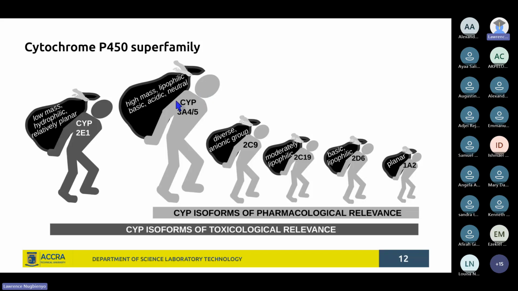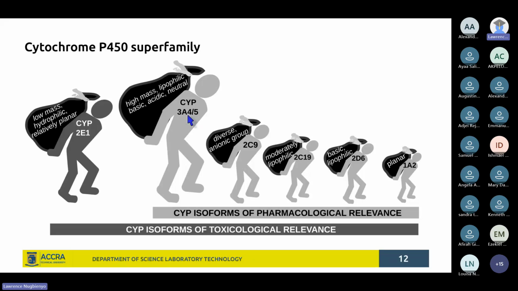They are lipophilic. They can be basic. Lipophilic will mean that they can easily penetrate through the cell. They are basic or acidic or neutral. So a lot of these drug substances have these properties. And so you have this cytochrome 3A45 being the major isoform of the cytochrome P450 enzymes that are involved in the metabolism of xenobiotics.